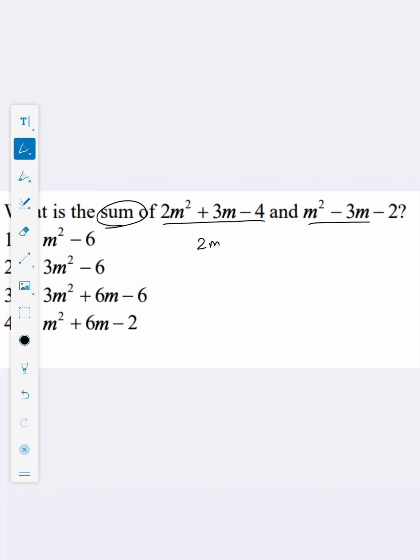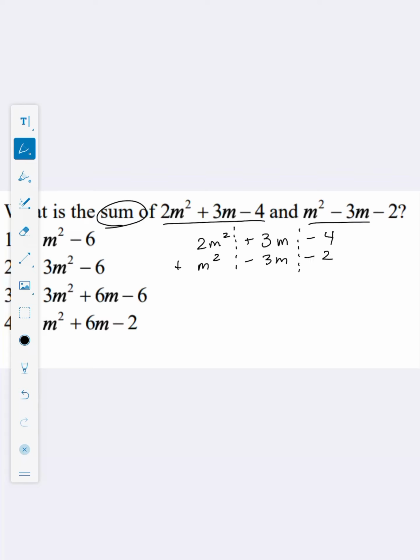I like to create this as two separate problems, or in this case, 3, where I combine my m squared terms and add them. Then I combine my m terms and add a negative, which is the same as subtracting.